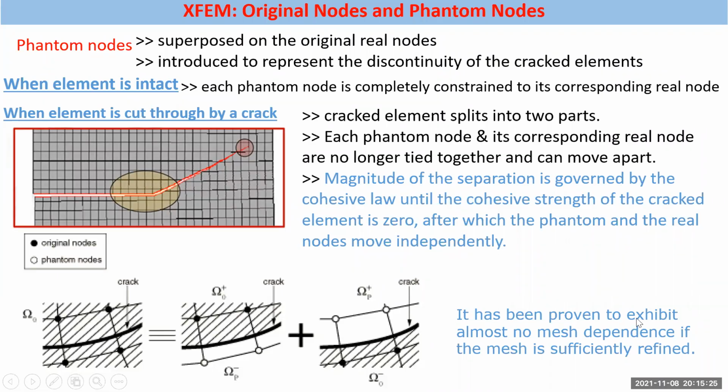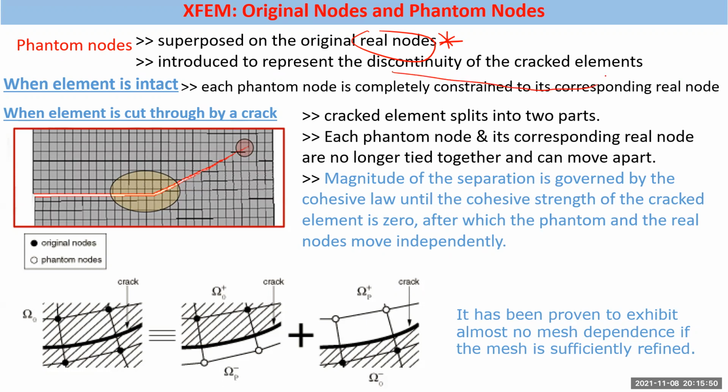So with phantom nodes, we have two types of nodes now. All of you are familiar with the real nodes, right? If you mesh, those are going to be your real nodes. Phantom nodes are superposed on the real nodes. And these are the ones that are going to represent the discontinuity of the cracked elements.